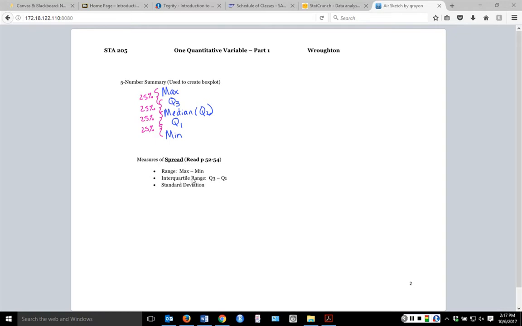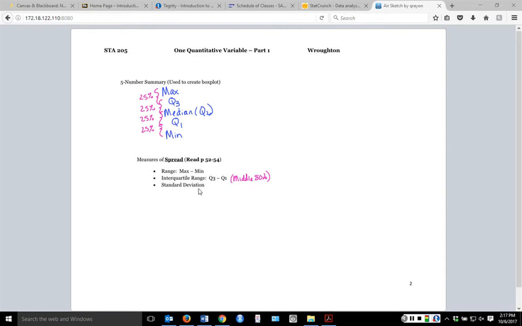So we have the interquartile range, which is Q3 minus Q1, or basically it gives you that middle 50% of your data. So it's a little bit more helpful than just the range, where you have where your entire data falls between, but kind of where's that middle 50%. This can be a very useful thing, for example, for exam scores, to see that middle 50% that students do on the exam.